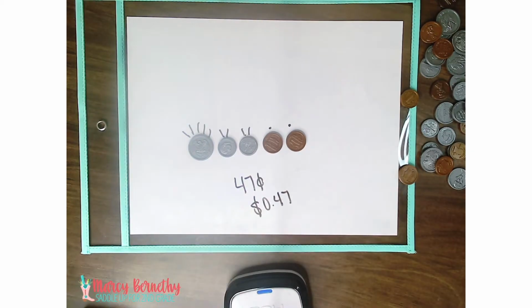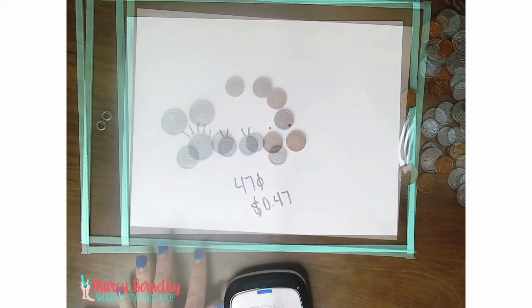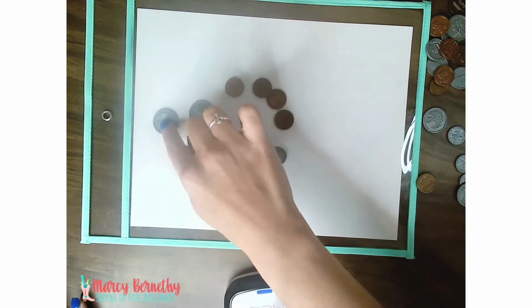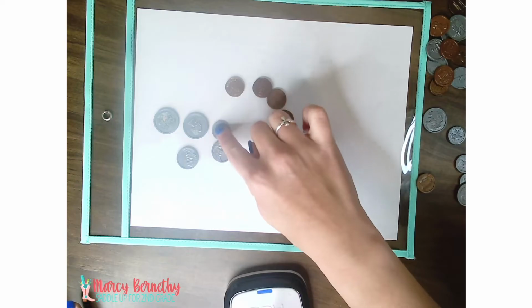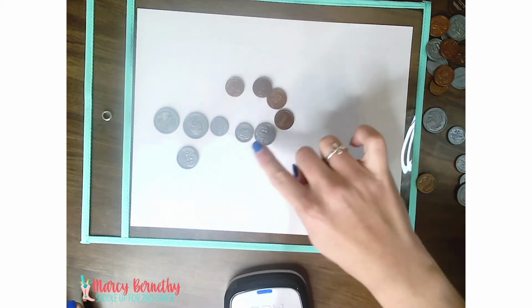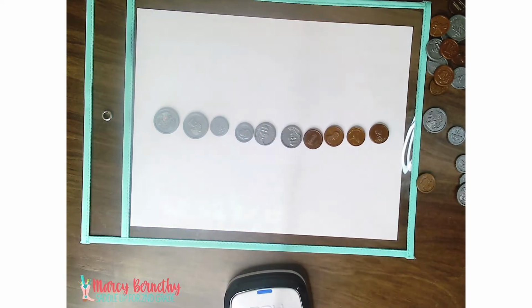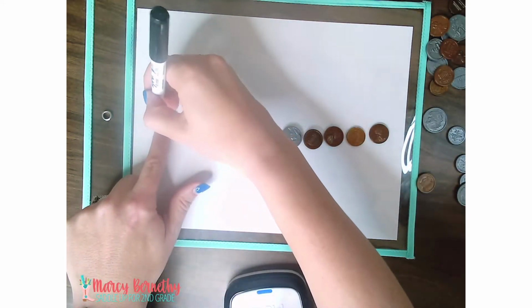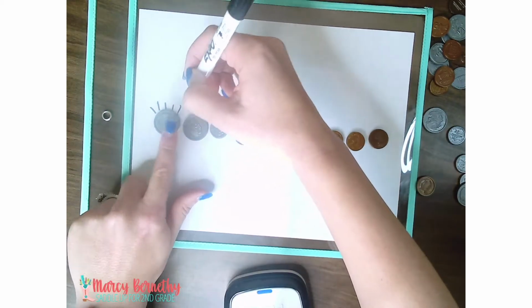Let me show you one more time with a different example. Again, I would have them take their coins and put them in order from greatest to least based on their value. Then they're going to identify each coin and give coins hairs based on their value. Each hair is worth 5 cents. So we've got 5, 10, 15, 20, 25.